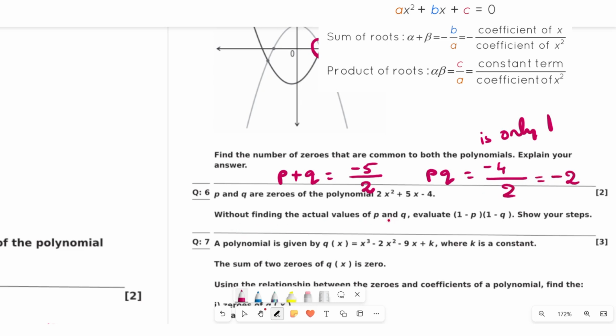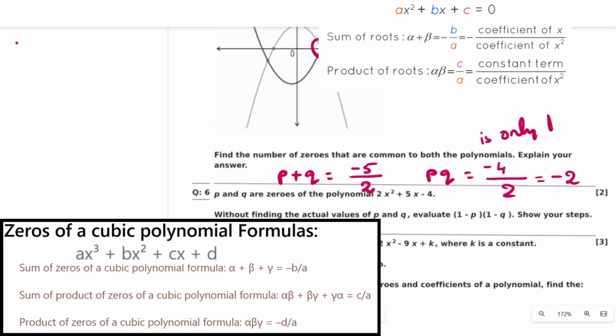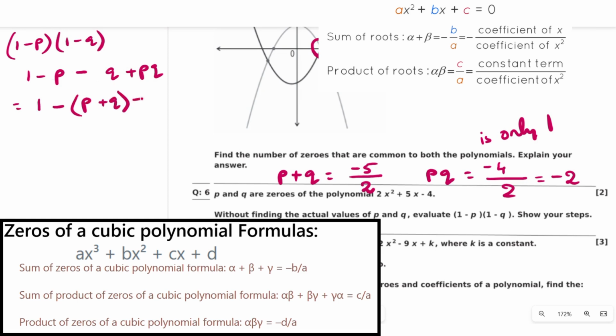Without actually finding the values of P and Q, evaluate 1 minus P into 1 minus Q. So we'll simply multiply them first. So 1 minus P minus Q plus PQ. Simple multiplication. And then if I take minus common from the next two terms, I'm getting this, and then I'll substitute the values which I've already found out.